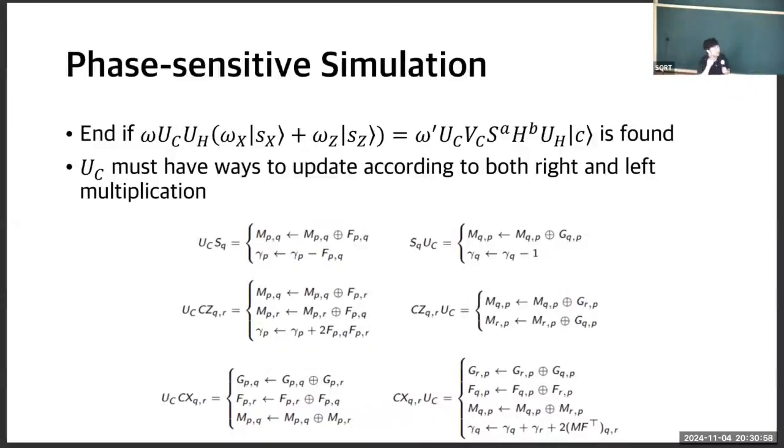So VC, S, and H here are the leftovers to match the C here from SX and SC, and they are just implemented by the stabilizer simulation as they update in the original stabilizer simulation, and UC would have right and left multiplication of C-type Clifford gates.